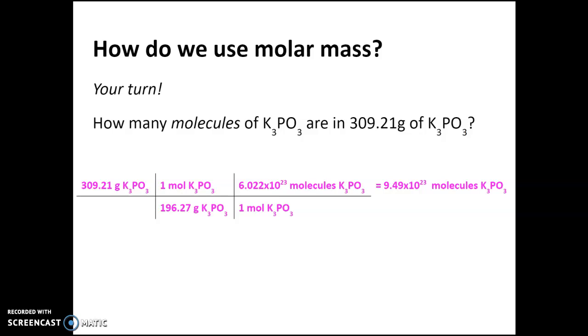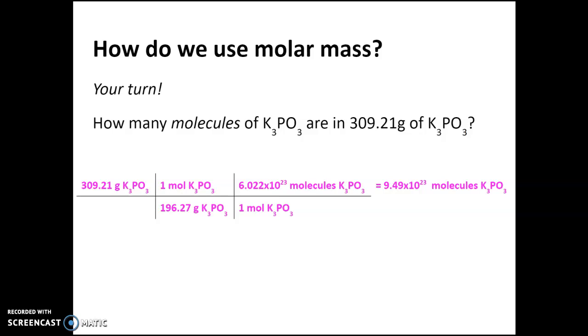I need to be in molecules, though, so I'm going to recall the relationship that 1 mole of any substance is equal to Avogadro's number of that substance. So 1 mole of potassium phosphite is equal to 6.022 times 10 to the 23 molecules of potassium phosphite.